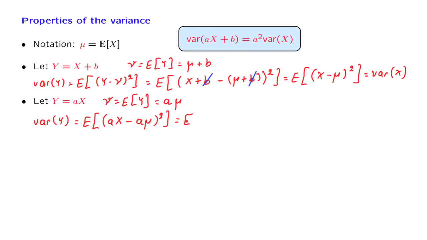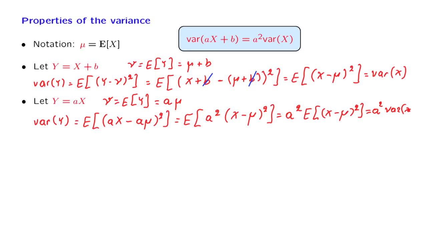We take out a factor of a squared, and then we use linearity of expectations to note that this is a squared times the expected value of x minus mu squared, which is a squared times the variance of x. So this establishes this formula for the case where b equals 0.